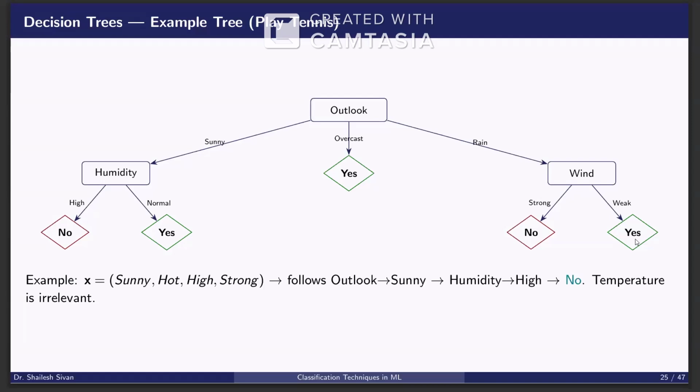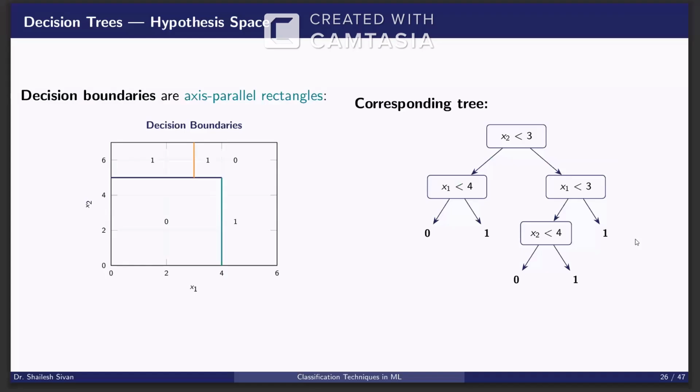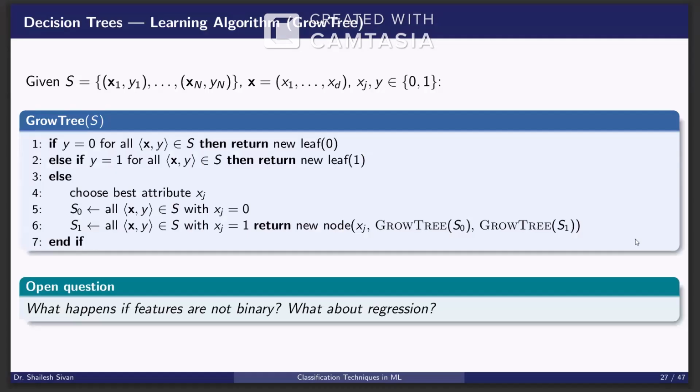So what is the question that comes to your mind? How can I find the important feature? For that, we have different mechanisms.